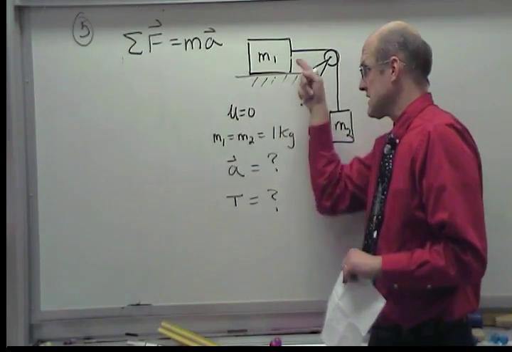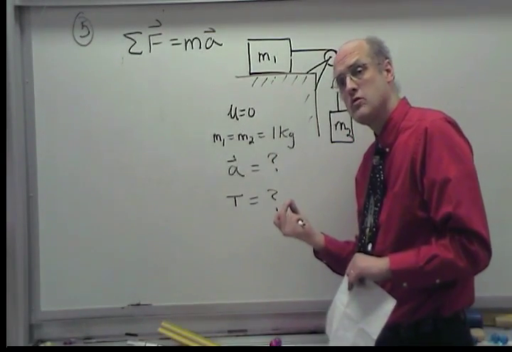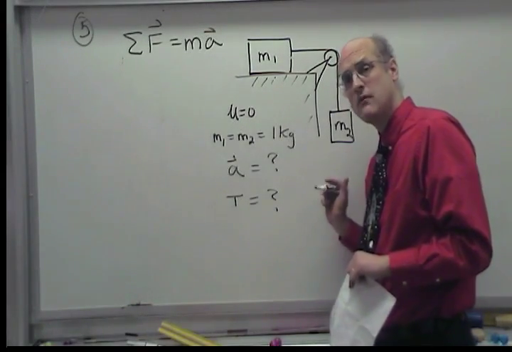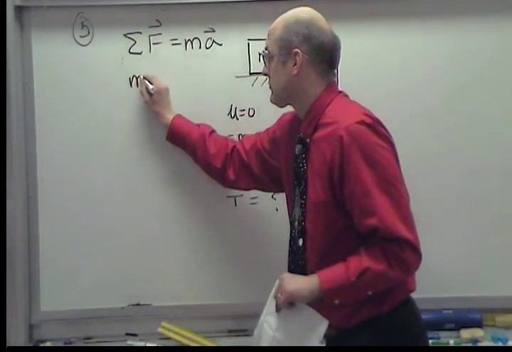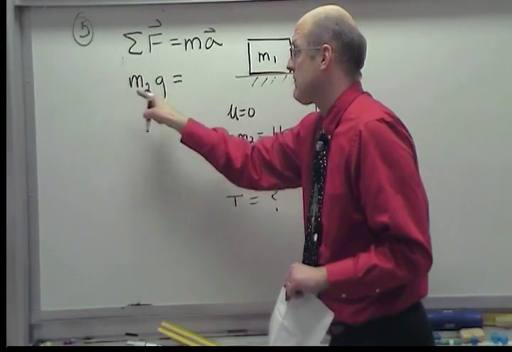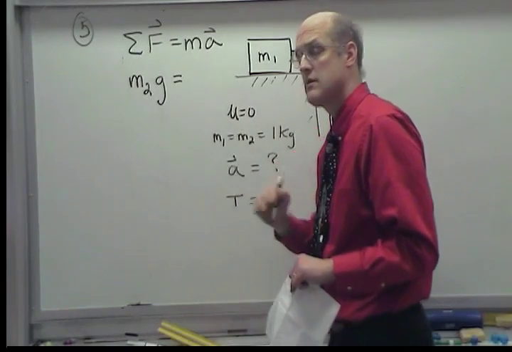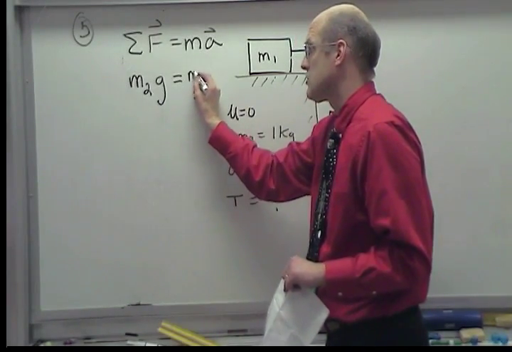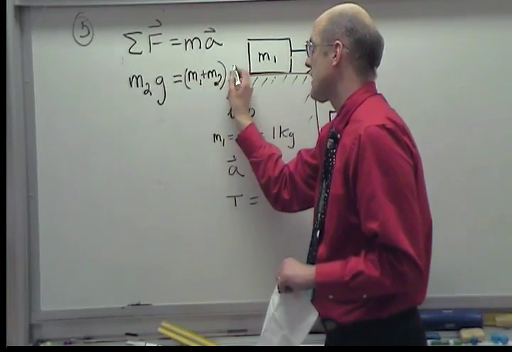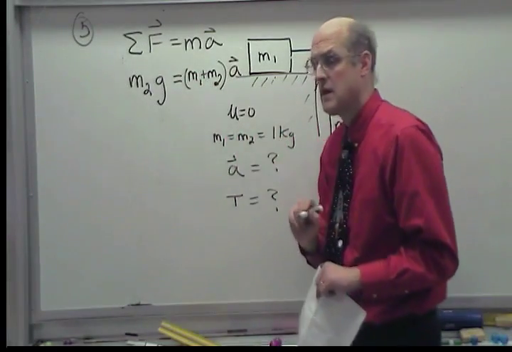The tension in the string is internal to the system, so that leaves us with the weight of M2 as the net force. So we have M2g is equal to the mass of the system, which is M1 plus M2, times the acceleration of the system.